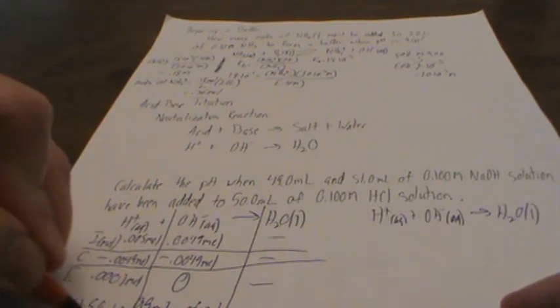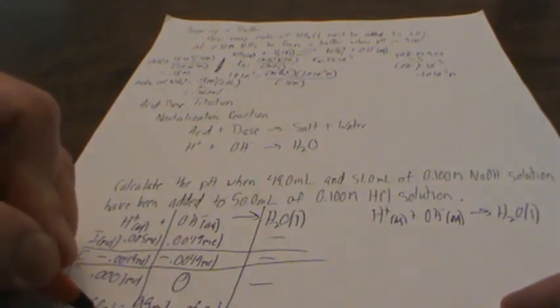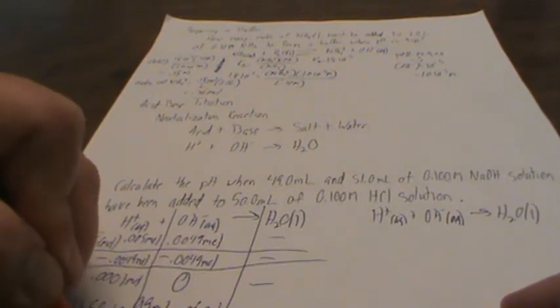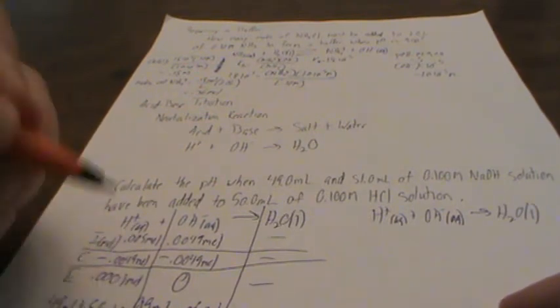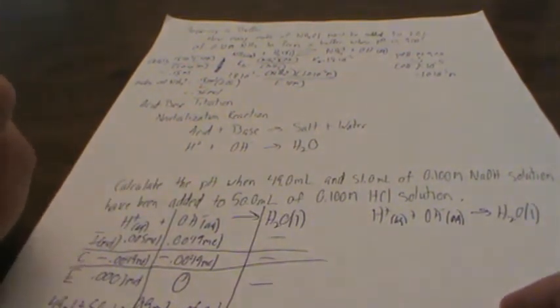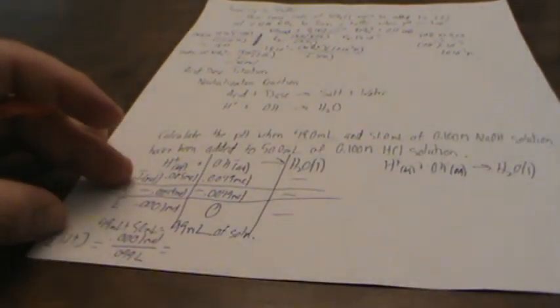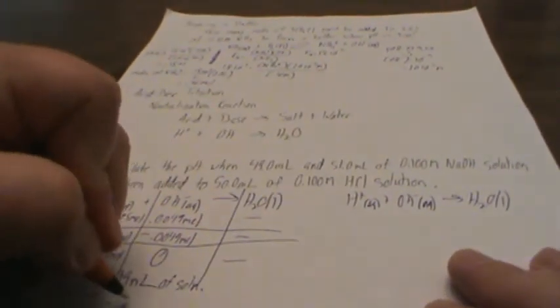So we take our number of moles, 0.0001 moles, over 0.099 liters. That will give us our hydrogen ion concentration. So 0.0001 divided by 0.099, we got a concentration of 0.00101.